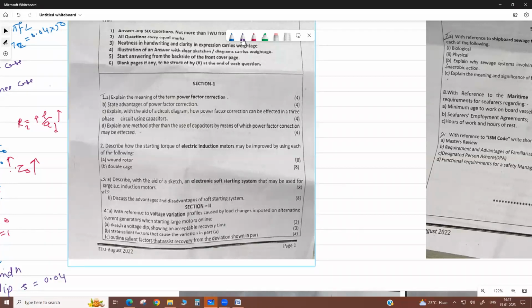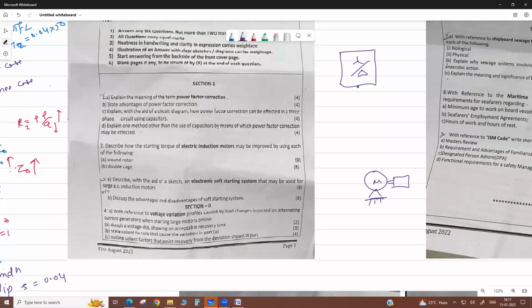You know, suppose this is your panel, star delta starter panel. Then here, this is your motor. It is in some different location, either 10 meter, 20 meter. My dear, to connect this, it requires 2 run of cable.